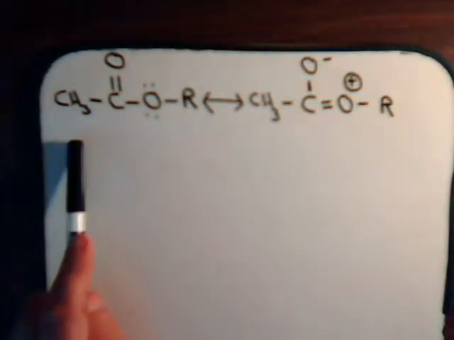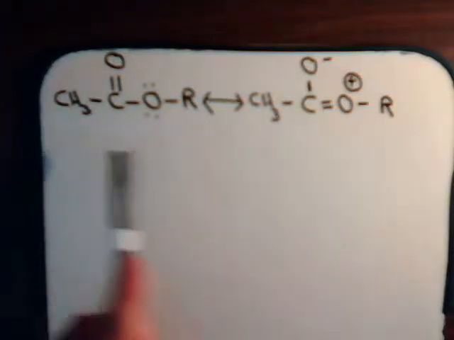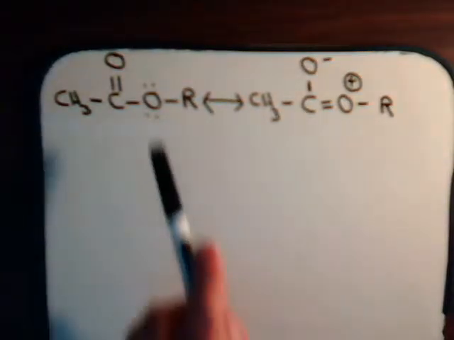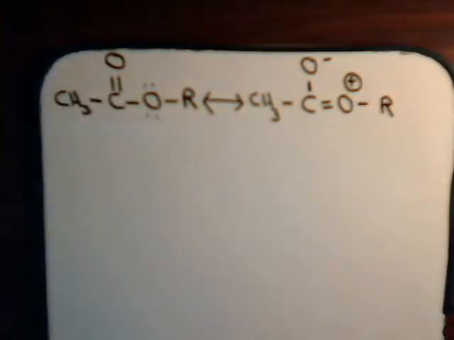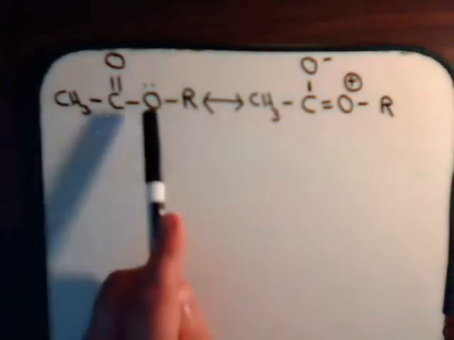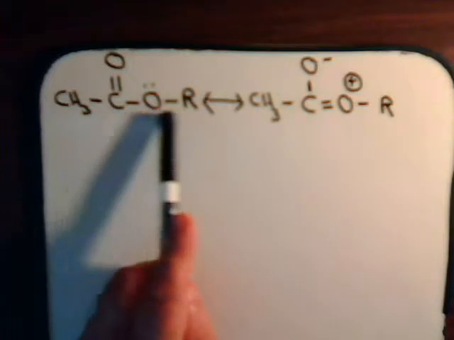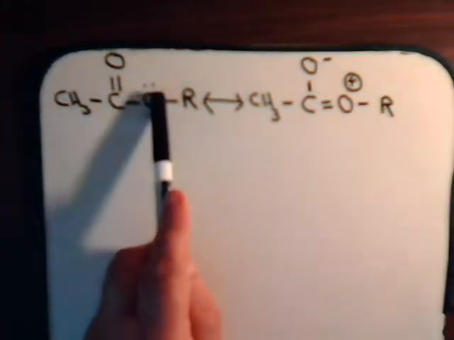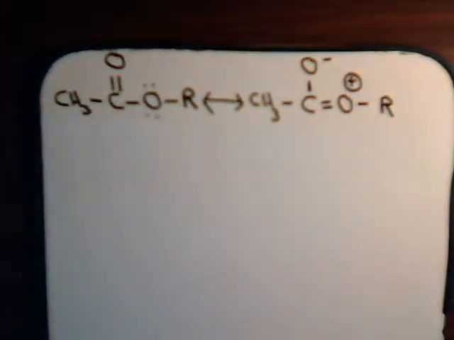And again, as we talked about back in video 6 or 7, you can have a bit of resonance stabilization here. Here we have a pi bond between the carbon and the oxygen. This oxygen is sp2 hybridized, so it does have a lone pair of pi electrons.